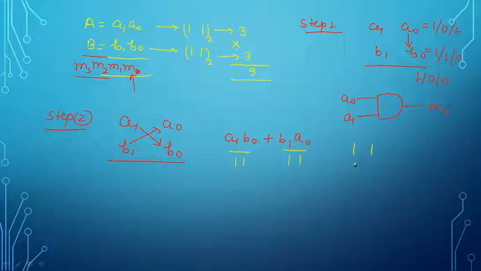If you add these numbers we get a carry. To generate the carry we require one half adder, right? So to implement the second result we require a half adder.